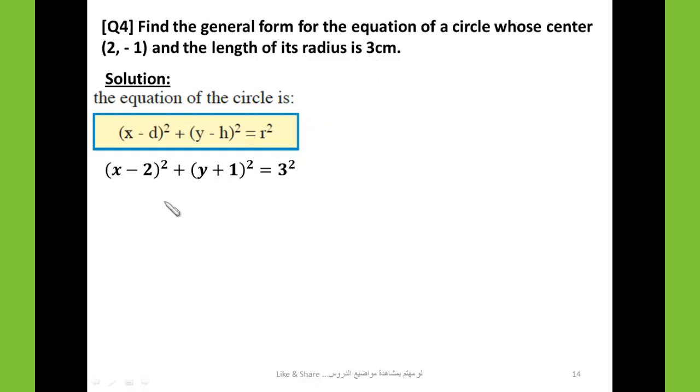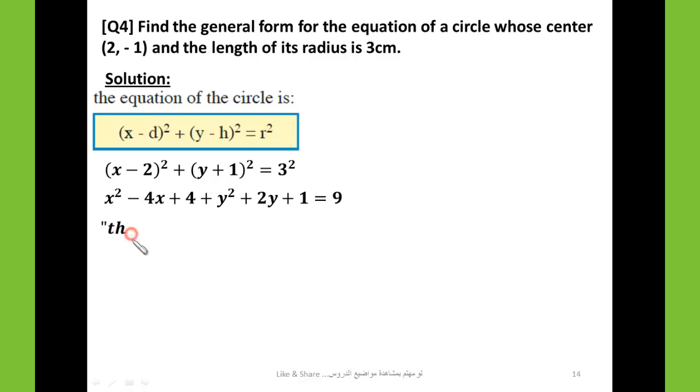This is the equation of the circle, but the required is the general form. So to get the general form, we expand these two brackets. x minus 2 all squared equals x squared minus 4x plus 4, y plus 1 all squared equals y squared plus 2y plus 1, and 3 squared equals 9.